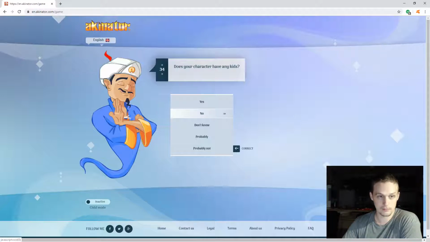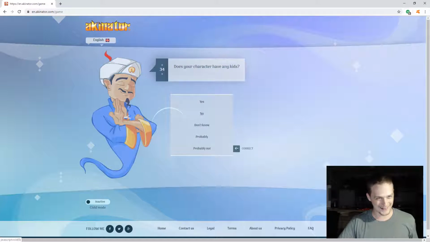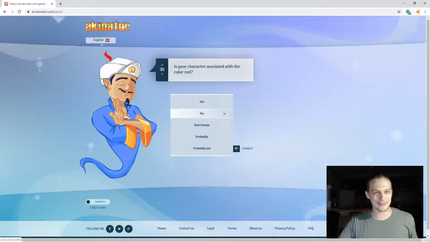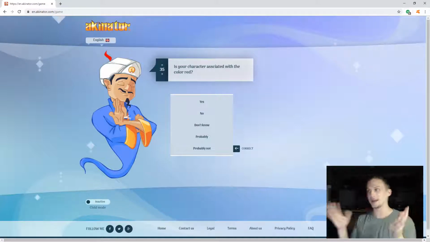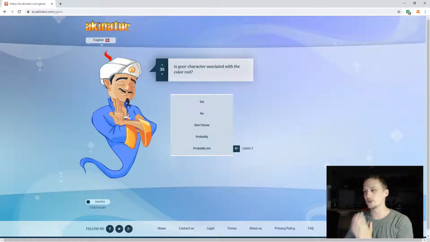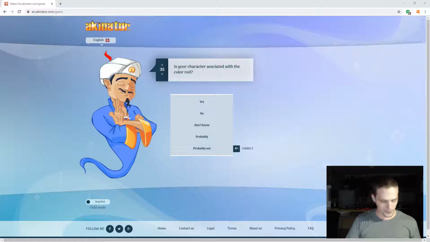Does your character have any kids? No. Good Lord, hope not. Please no. Is your character associated with the color red? Technically, you've already asked that question because it was about red hair. I would say there's almost nothing associated with this character with red, but I need to check the spells that... yeah.